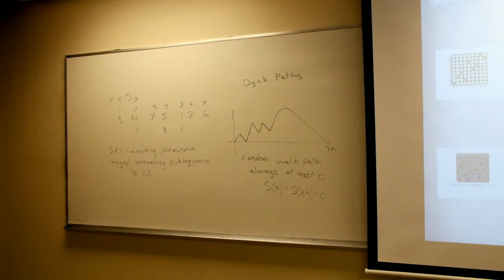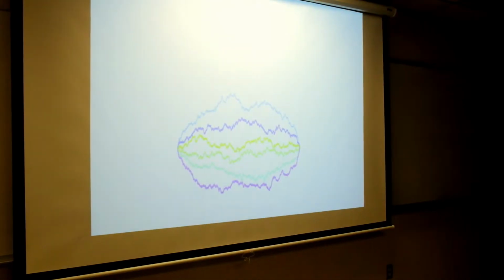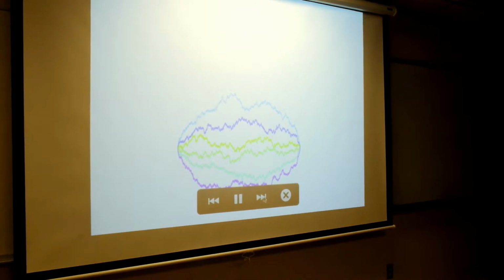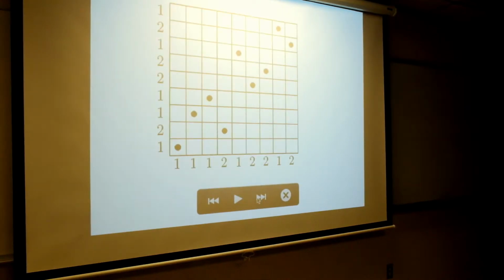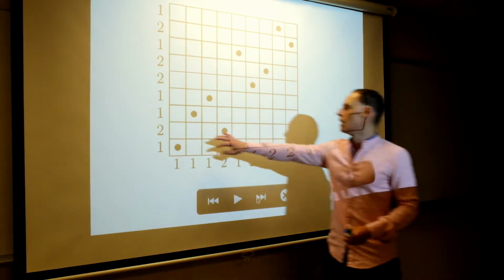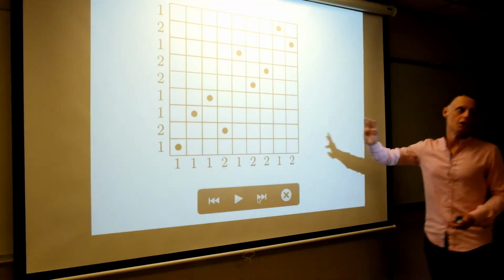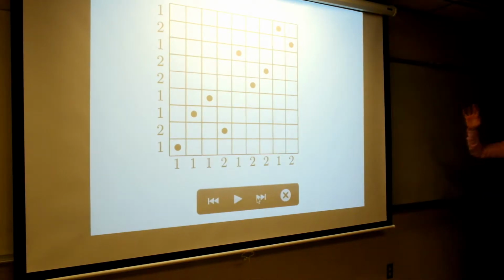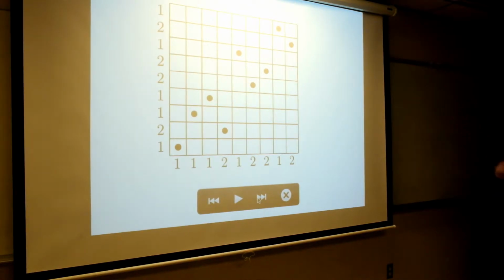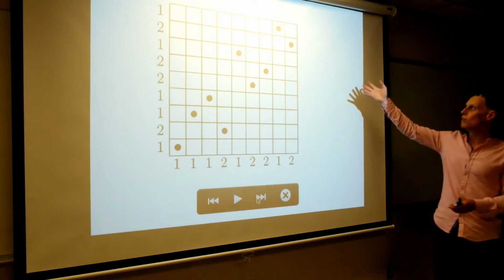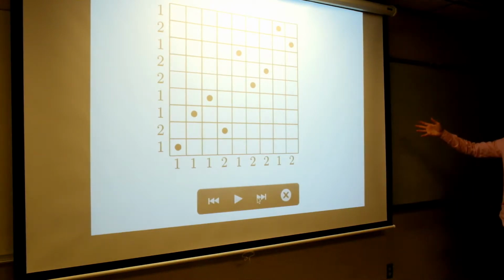Okay, so here is how I want to think of a permutation that avoids the pattern 3, 2, 1. So you can see there's no decreasing subsequence of length 3.